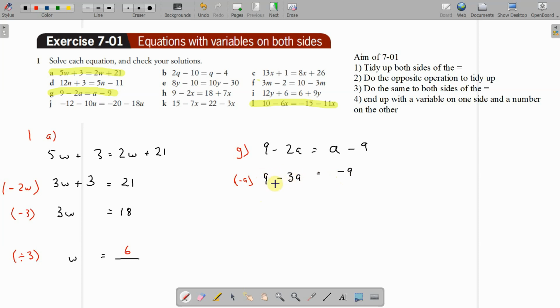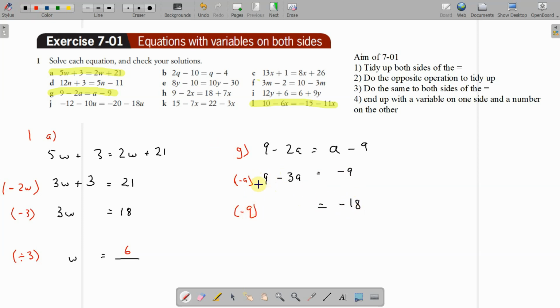So now we have to get rid of the number here. That is a plus 9, so we're going to take 9 away. Minus 9 will get rid of that. I'm going to do it to this side first though. Minus 9 minus 9 is minus 18. Negative 9 minus 9 is negative 18.